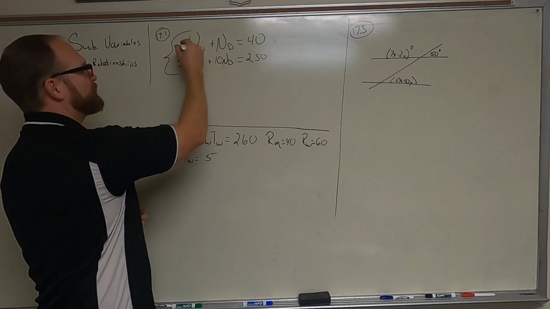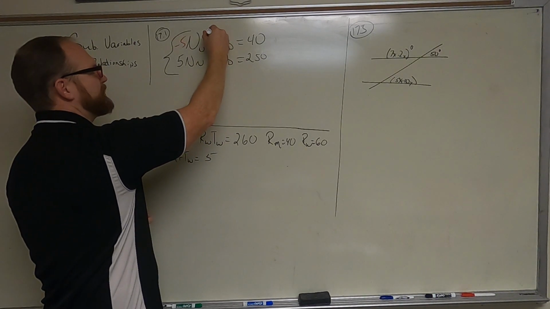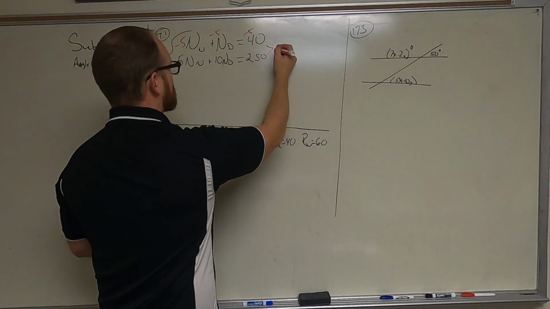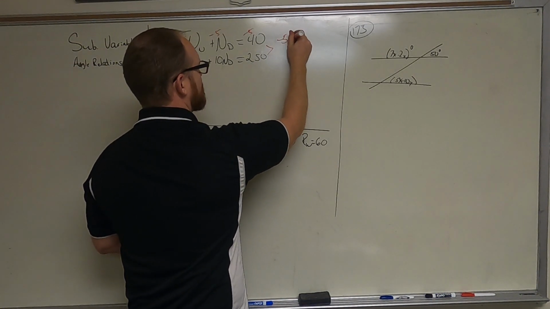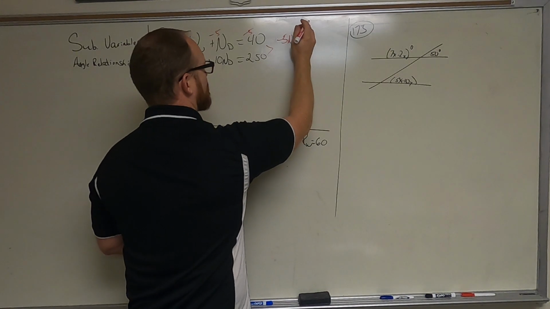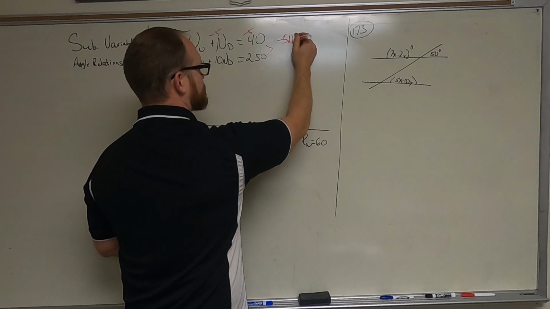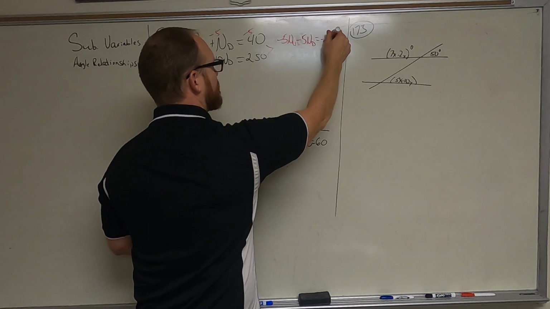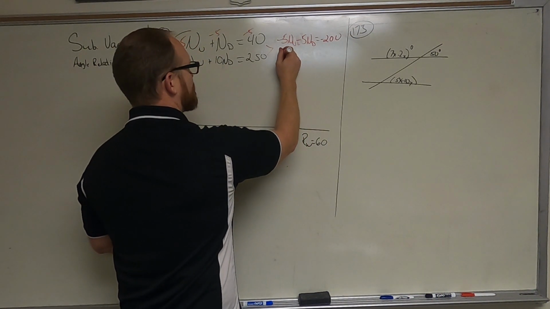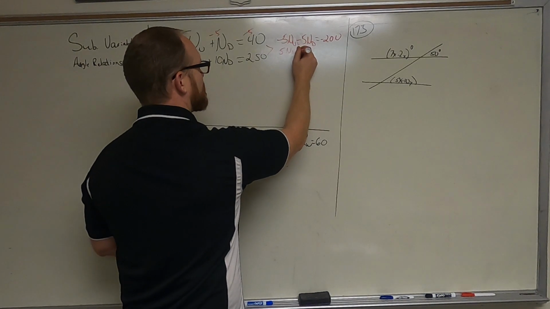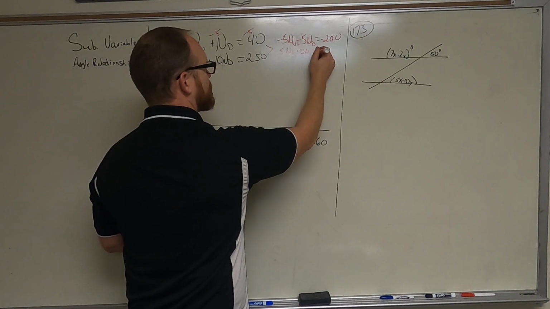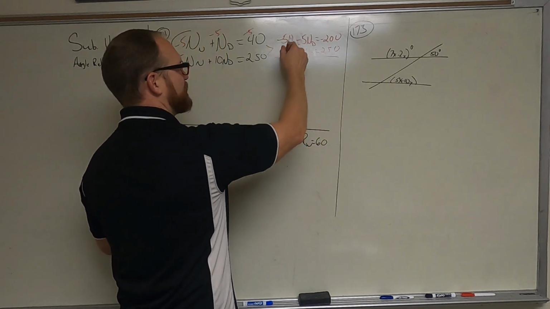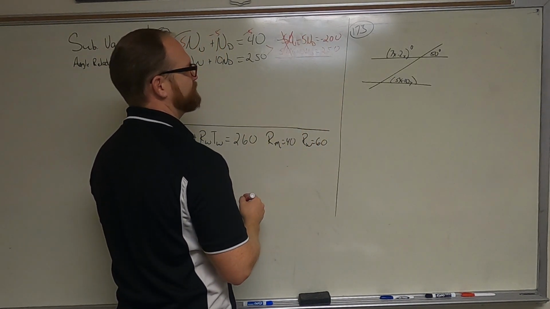So what I'm going to do, I'm going to multiply every term by -5. And what that's going to do is give me a -5 NN plus, I say plus, I should say minus, 5 ND equals -200. Then I already have the 5 NN on the bottom, plus 10 ND equals 250. Add straight down, of course, these eliminate.